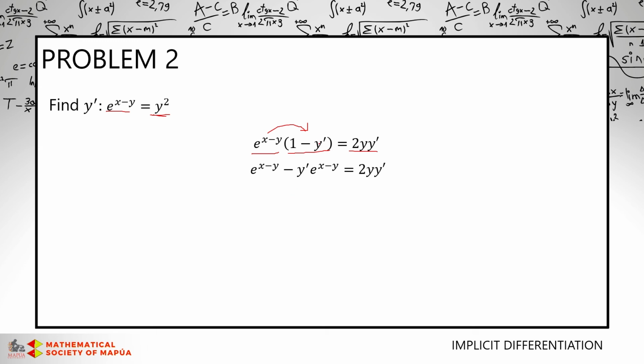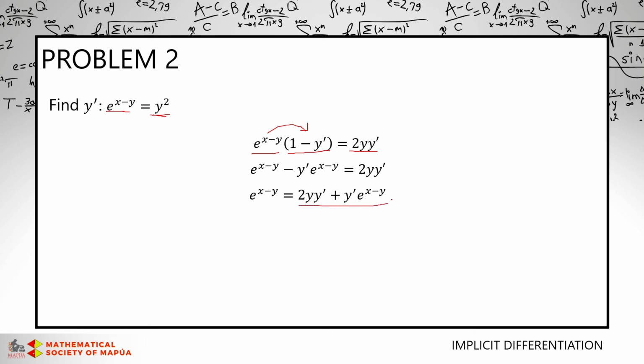Then again, ganun lang, same steps lang lagi. Differentiate mo per term, then distribute mo lahat ng kailangan i-distribute, or tanggalin mo lahat ng fractions. And then, the next thing to do is, pagsamahin mo sa isang side lahat ng may y prime, and to the other side naman is lahat ng walang y prime. Okay, so ito na yon, lahat ng may y prime.